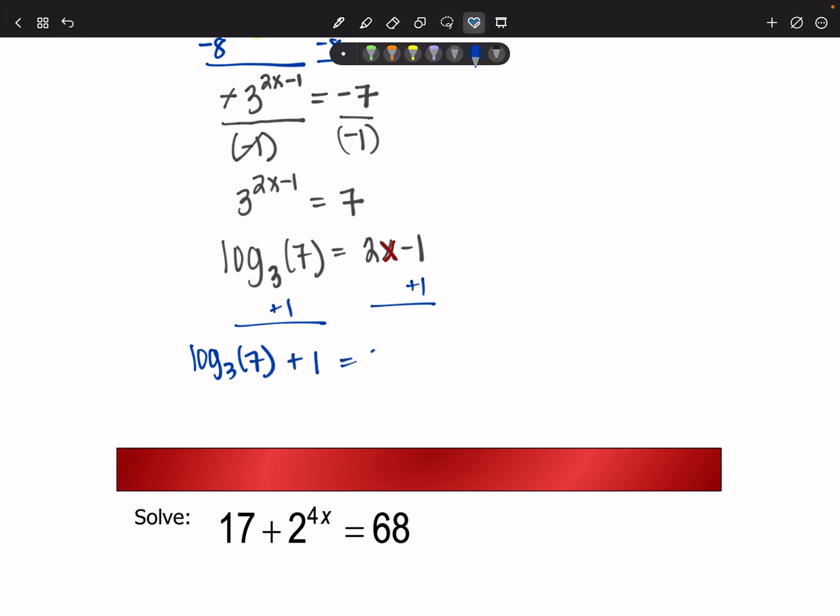And that's going to equal 2x. Then we're going to divide both sides by that 2. So I'm going to divide the entire side by 2. So I'm going to get x equals, now the exact answer is log base 3 of 7 plus 1 all over 2. But when I put that into my calculator, I'm going to show you something else that's in your calculator.